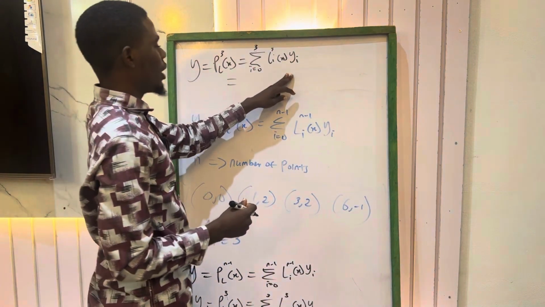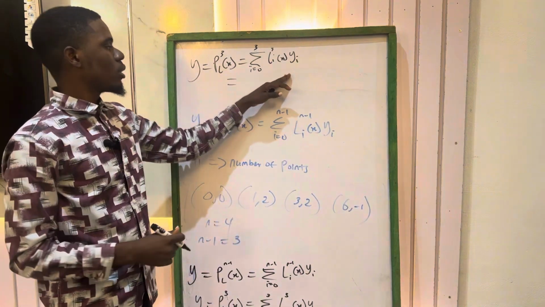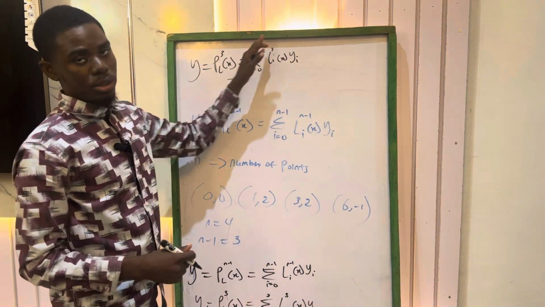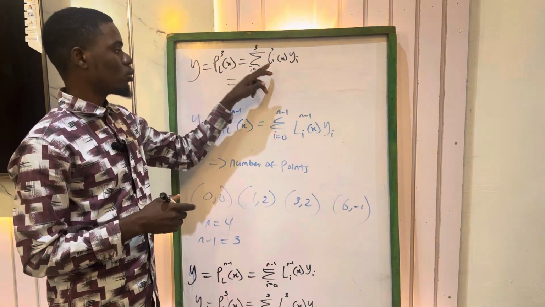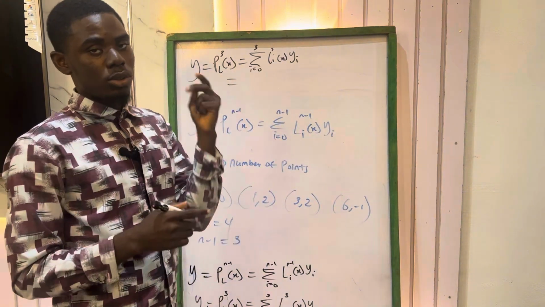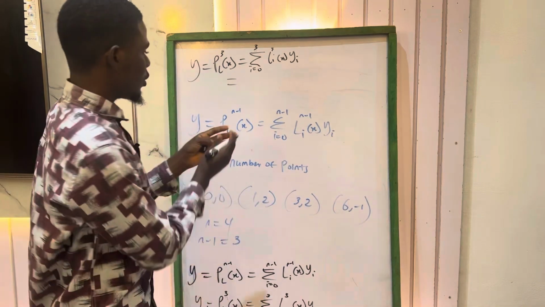This is a summation ranging from 0 to 3, which means we're going to have a point where i is 0, another point where i is equal to 1, also where i is equal to 2, and where i is equal to 3. So let us now spread this out.